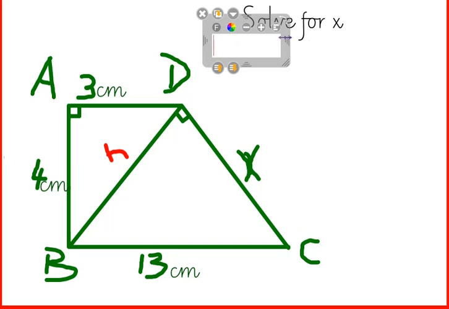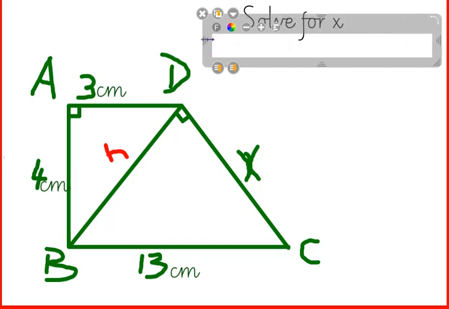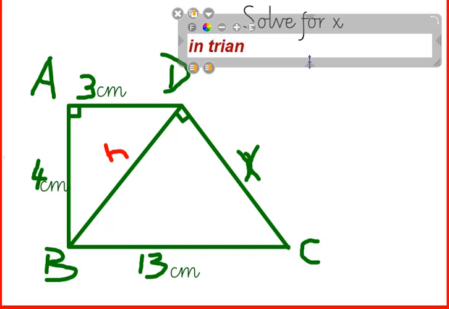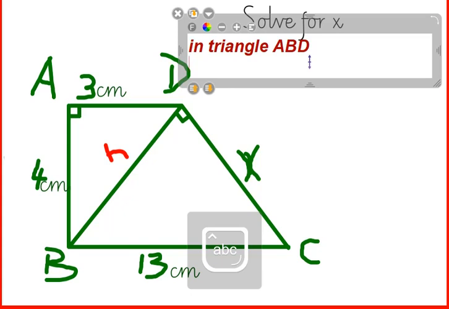We start off by saying, in triangle ABD, we have a hypotenuse. H squared equals 4 squared plus 3 squared.